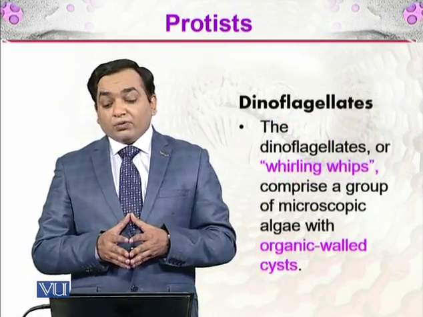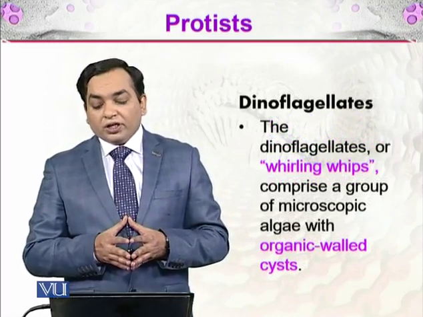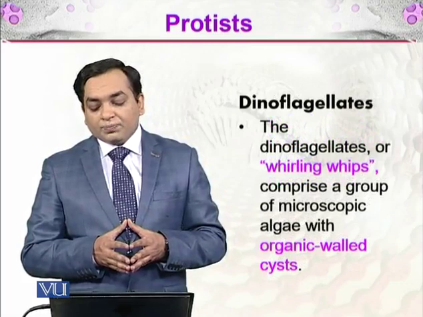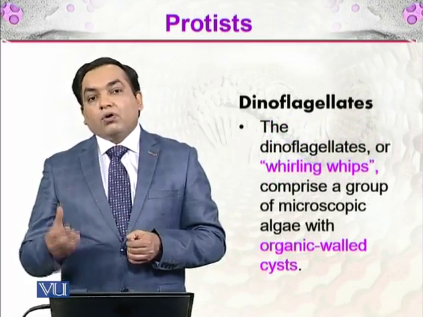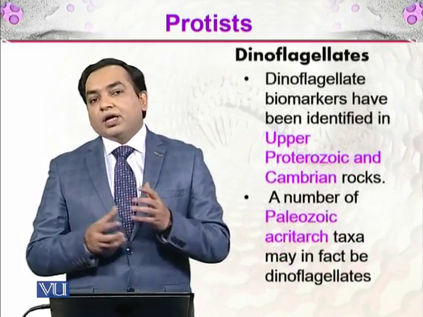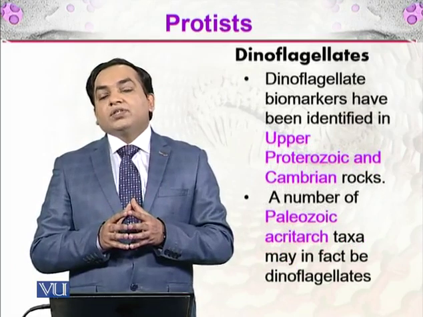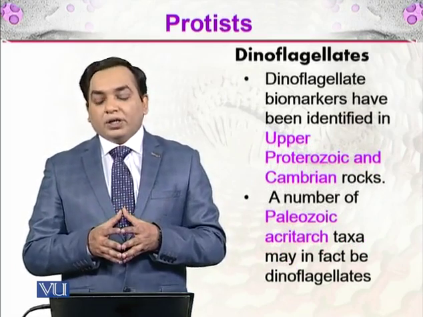And then come the dinoflagellates. As the name indicates, these contain flagella. Dinoflagellates, the whirling whips, comprise a group of microscopic algae with organic-walled cysts. That means the material making the cyst walls around them is carbon in nature.